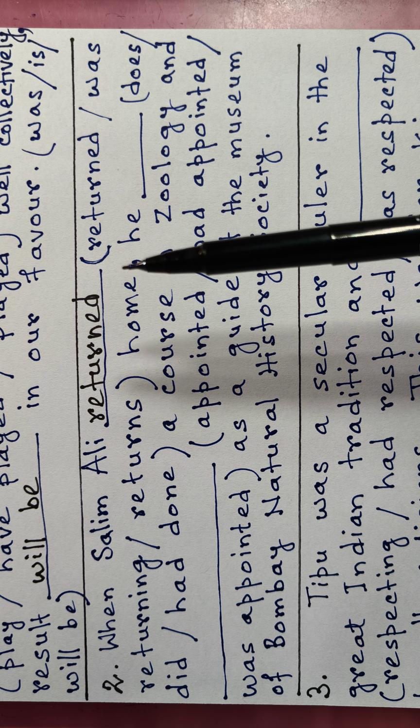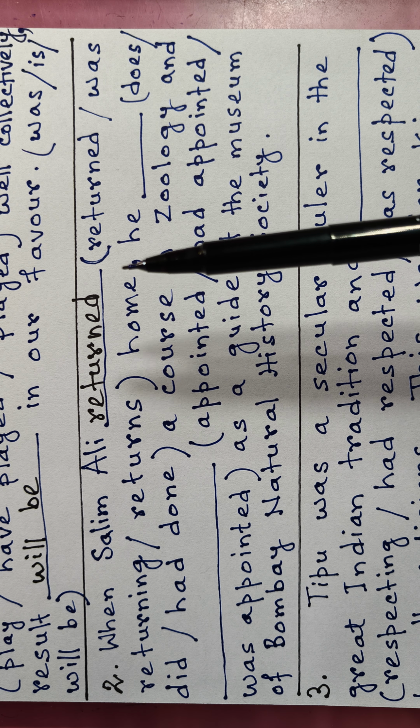So Tipu was a secular ruler in the great Indian tradition, and here the correct answer is was respected. This is the right option, was respected by all religions, because passive voice, people of all religions respected him.